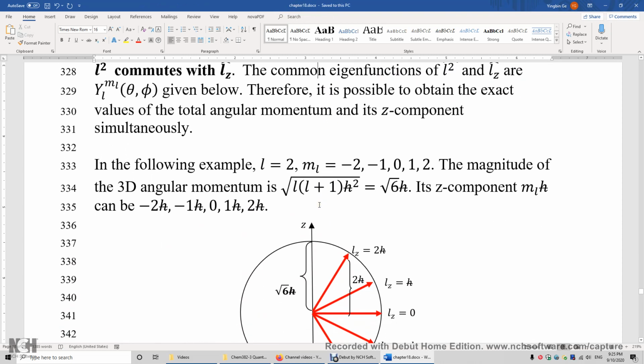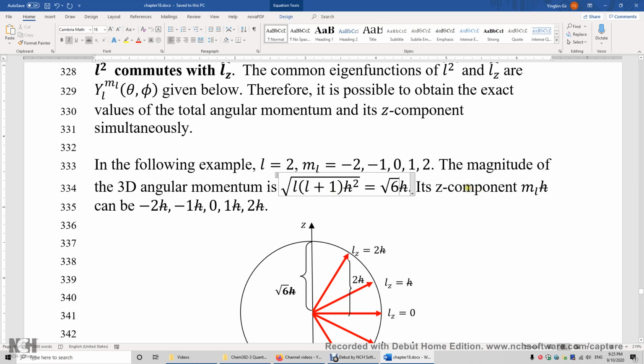Now let me give you one example here. When L is 2, m sub L can be negative 2, negative 1, 0, 1, and 2. So the magnitude of the three-dimensional angular momentum vector is the square root of 6 times h bar. The reason is L times L plus 1 is 6.